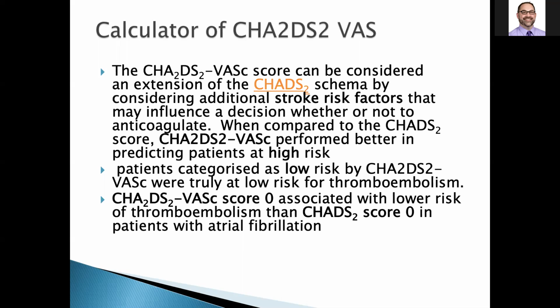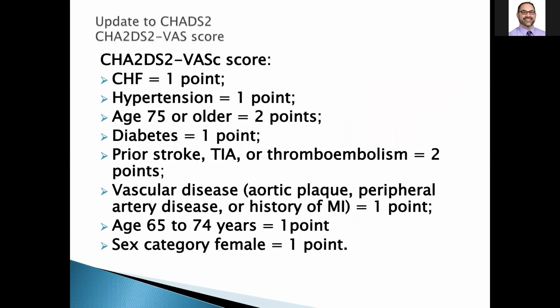Again, this is just talking about the updated scoring system. This is just an overview of it, and in your MedCalc, I'm sure there's a section for this that you can just plug it in, and you should be documenting this on any patient you admit with new onset atrial fibrillation.